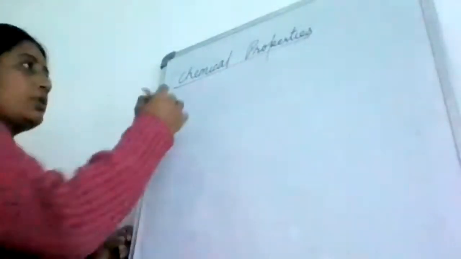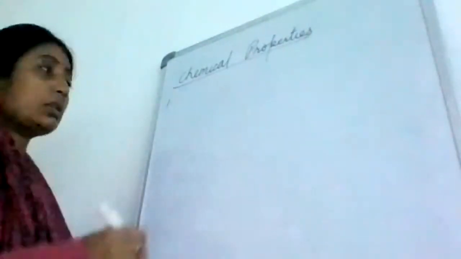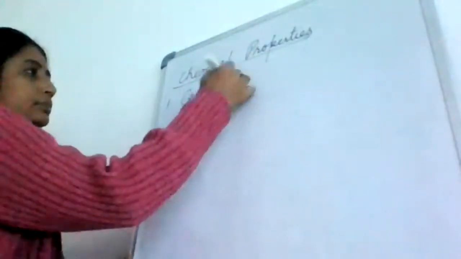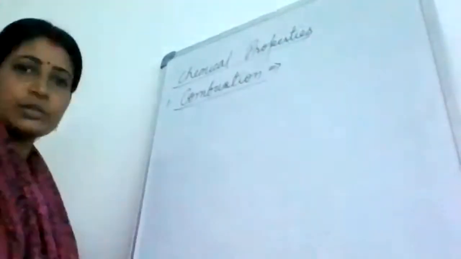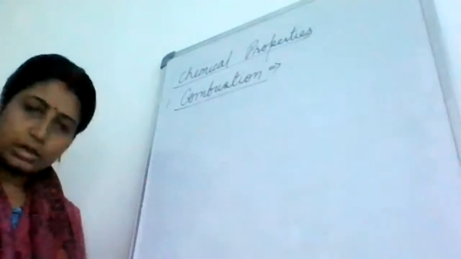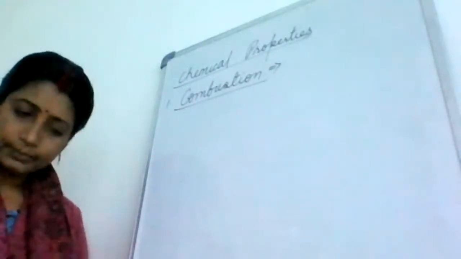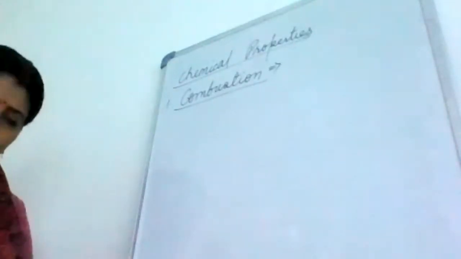Okay. So the first chemical property which we are going to study in this topic is combustion. Can anyone tell me what is combustion? The process of burning a carbon compound in the presence of oxygen.